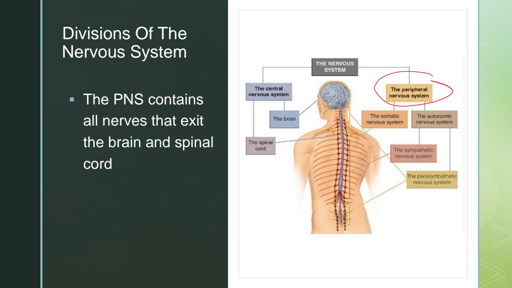And the peripheral nervous system can be divided into two other systems, those being the somatic nervous system and the autonomic nervous system. So your heart, your lungs, your digestive system, and other organs are commanded by the autonomic nervous system.